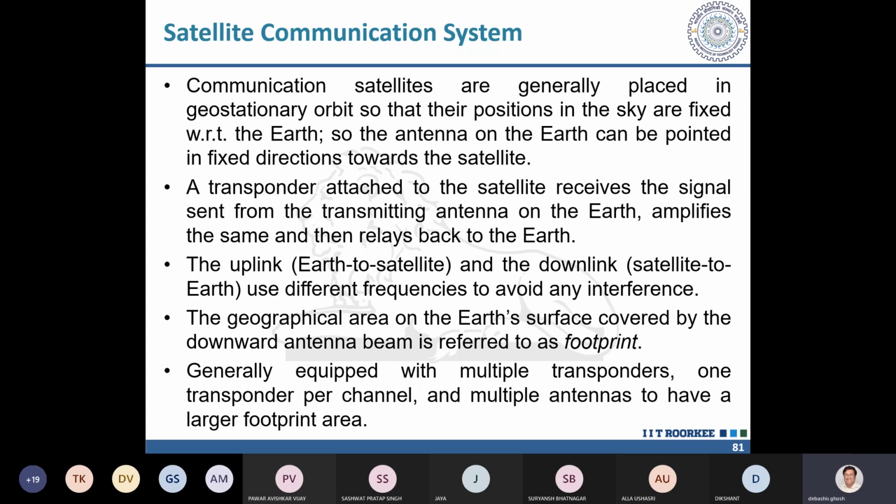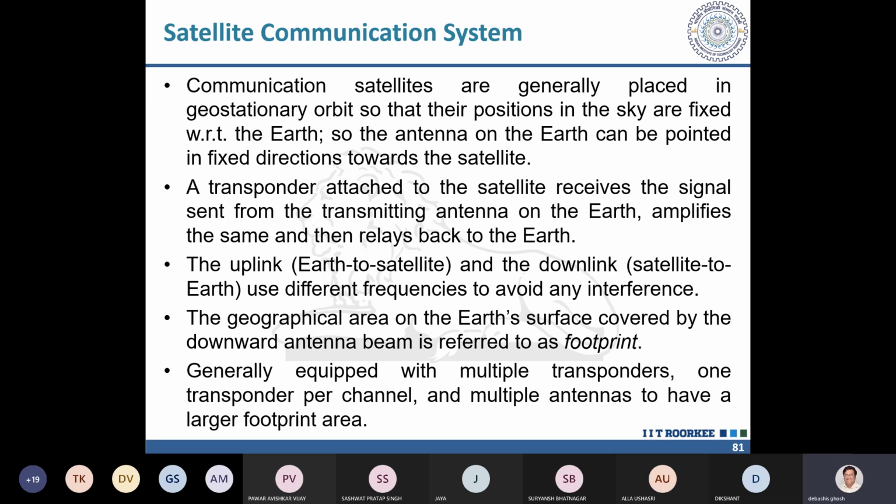Because the satellite that India is using, the INSAT, is somewhere in the geostationary orbit towards the southeast direction, because when that satellite was launched, I think from Sriharikota, it was launched towards that direction.